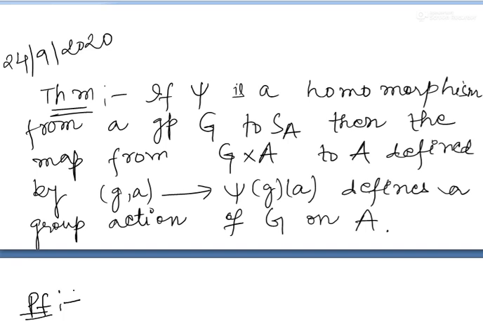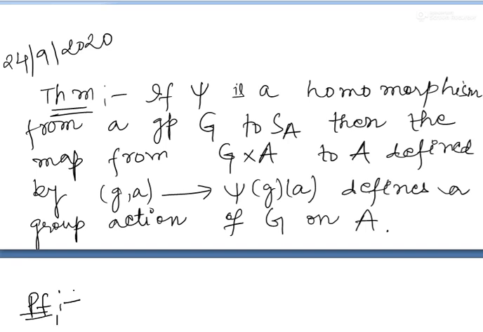So let's read the statement again. If psi is a homomorphism from a group G to SA, then the map from G cross A to A defined by (G, A) going to psi G A. First of all, you should think in mind whether psi G A actually belongs to A or not.